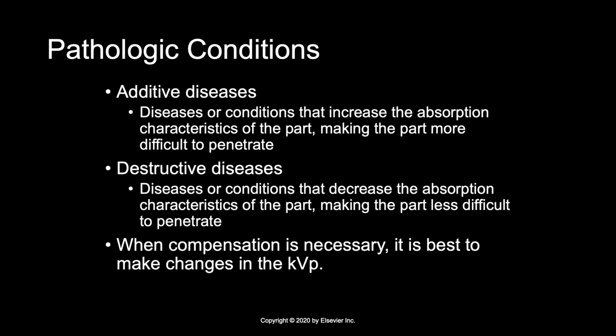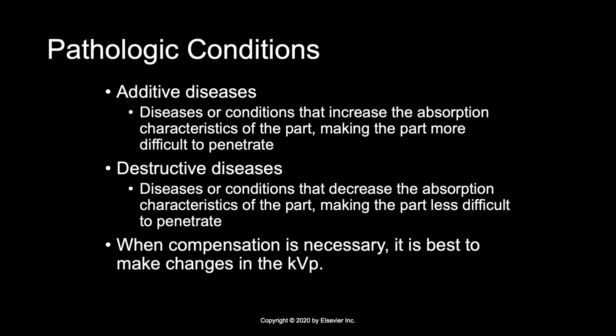Pathologic conditions can alter the absorption characteristics of the part being examined, and they are divided into 2 categories: additive diseases and destructive diseases. The additive diseases are diseases or conditions that increase the absorption characteristics of the part, making the part more difficult to penetrate.